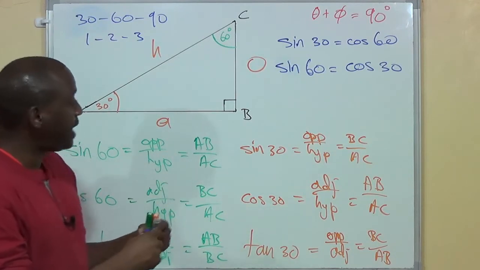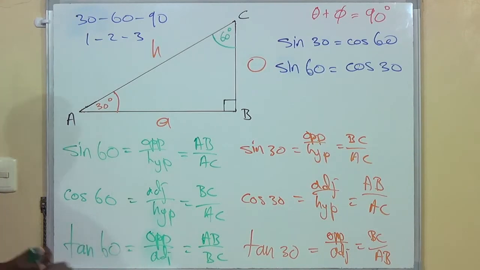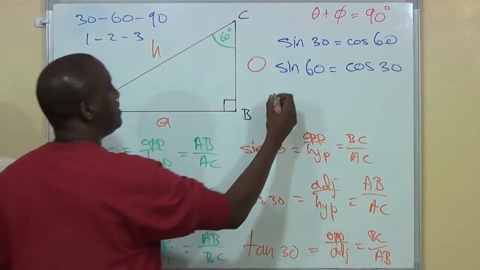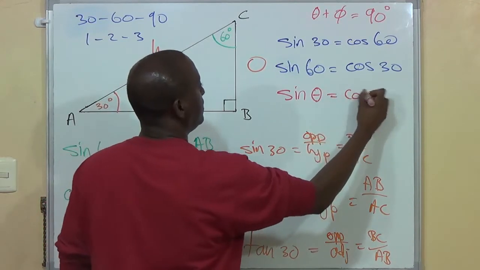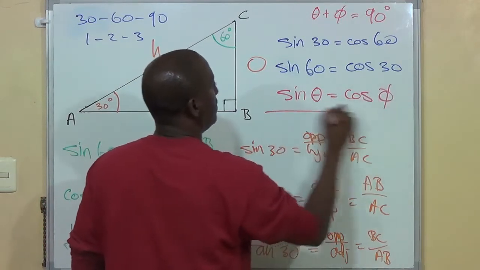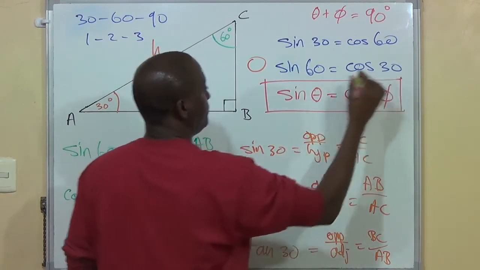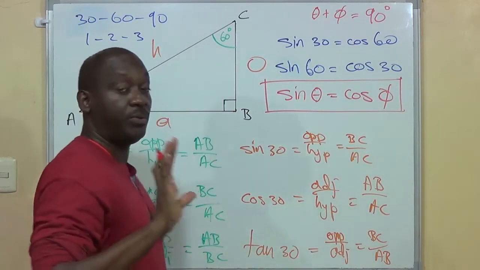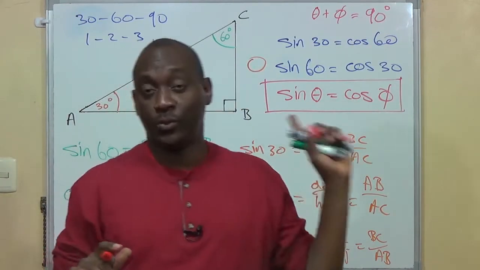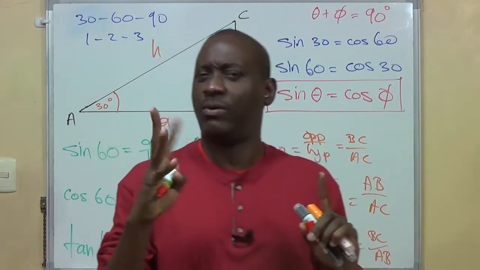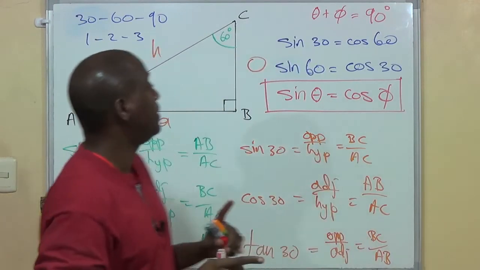And in fact, in general, we know that the sine of theta is equal to the cosine of phi. This is as simply as I'm going to put it for the benefit of the people who do mathematics. The people who do add maths would know that relationship in a slightly more complicated form, but we're going to leave that out of this video.